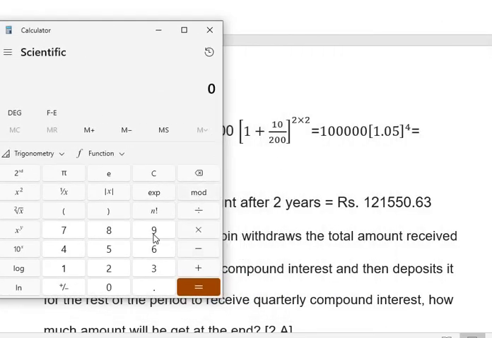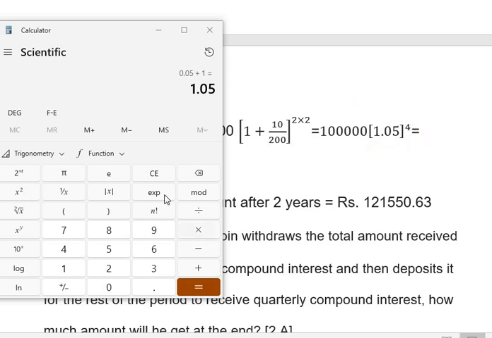Now use the calculator. First press AC, all clear, but it is an online calculator, so there is no AC. First type 10 divided by 200. Now press equal and then plus 1. Now it will be 1.05. Now it will be 1.05 power 4.